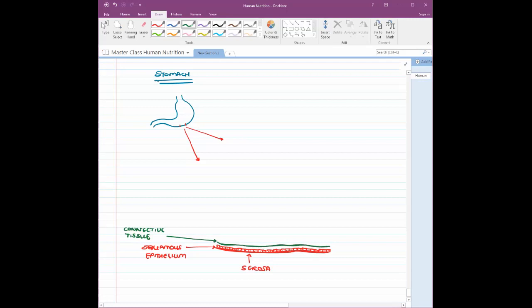Now after this, we are going to see the second region on the inside. This second region we call the muscularis.